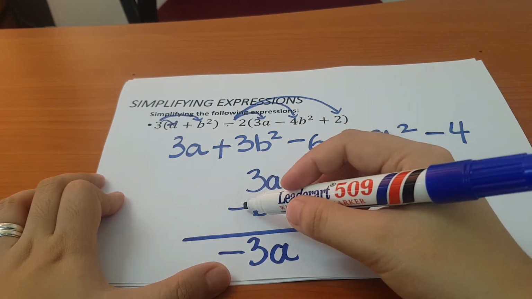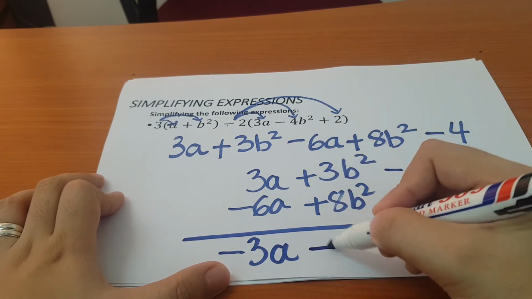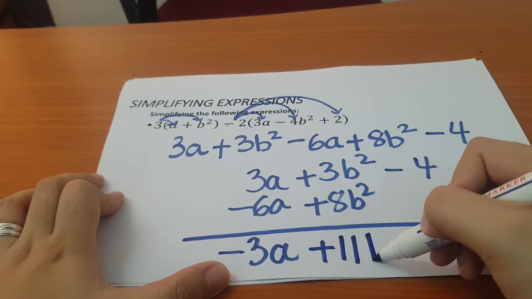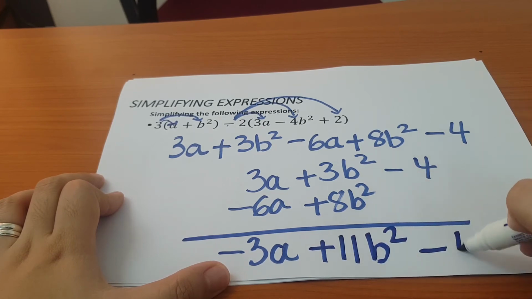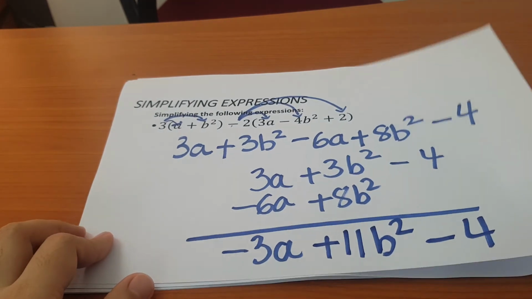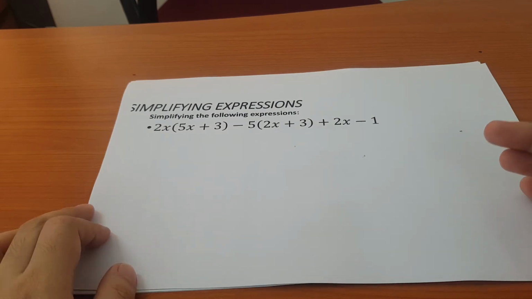This is bigger than this, so you carry the sign of the big number. 3 plus 8 will be 11b squared minus 4. So that's it. First, you expand the bracket, you remove the bracket, and simplify.